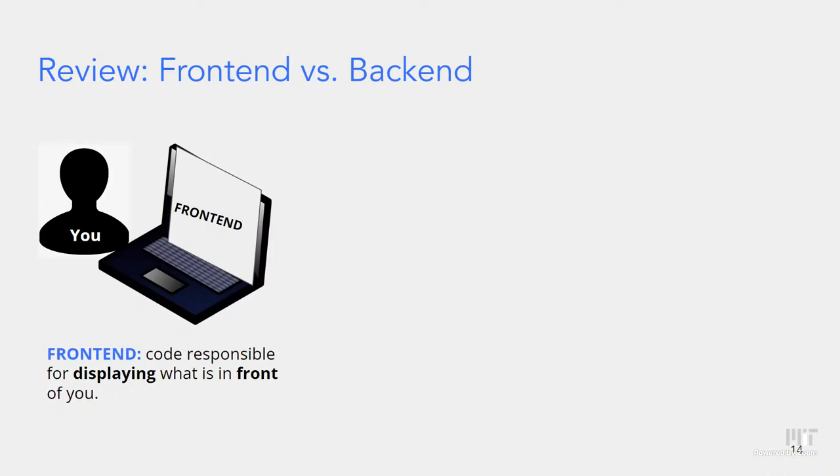Since its main job is just displaying, the front end takes information from some entity. And sometimes it may also send updated information from the user, from you typing on the computer or whatnot, to the brain of the application.